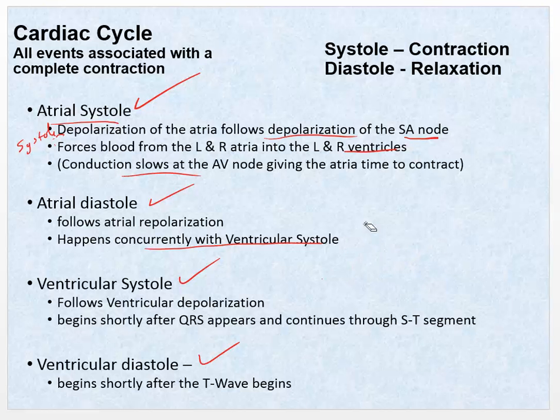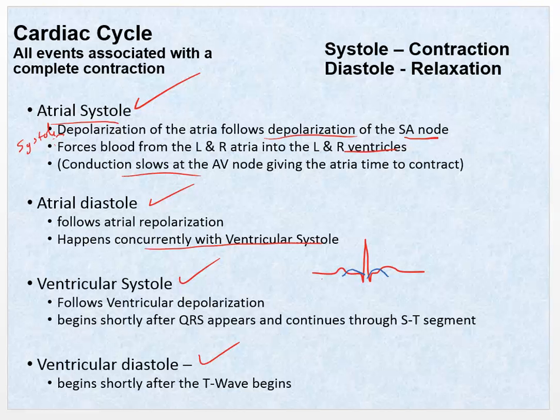I didn't draw this very well, but if we were to put it all together: depolarization of the atria, depolarization of the ventricles, repolarization of the ventricles. What we would see is the atria would contract here, and then the ventricles would contract, and then they would relax as the repolarization took place.